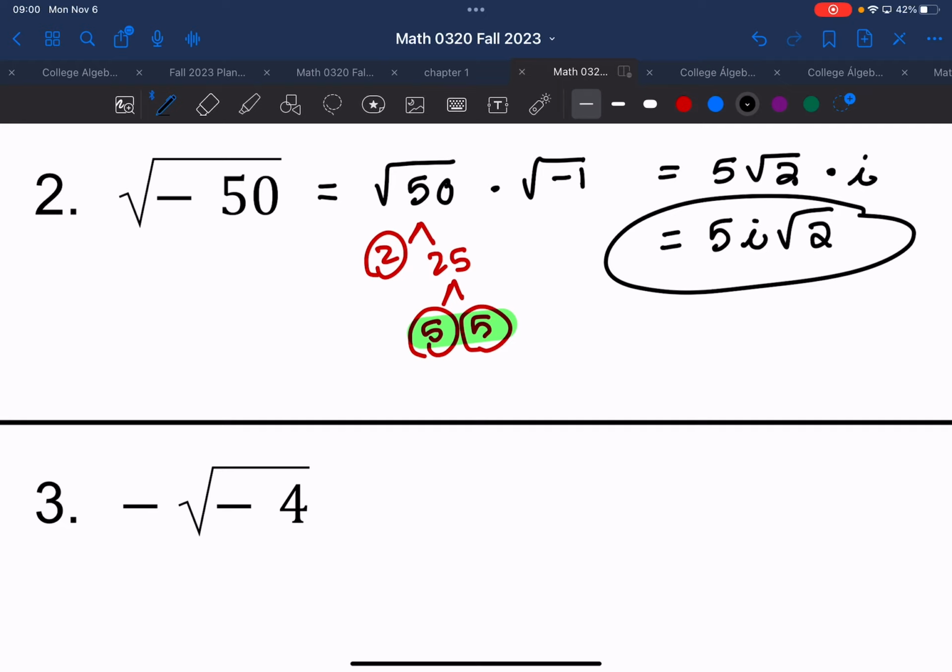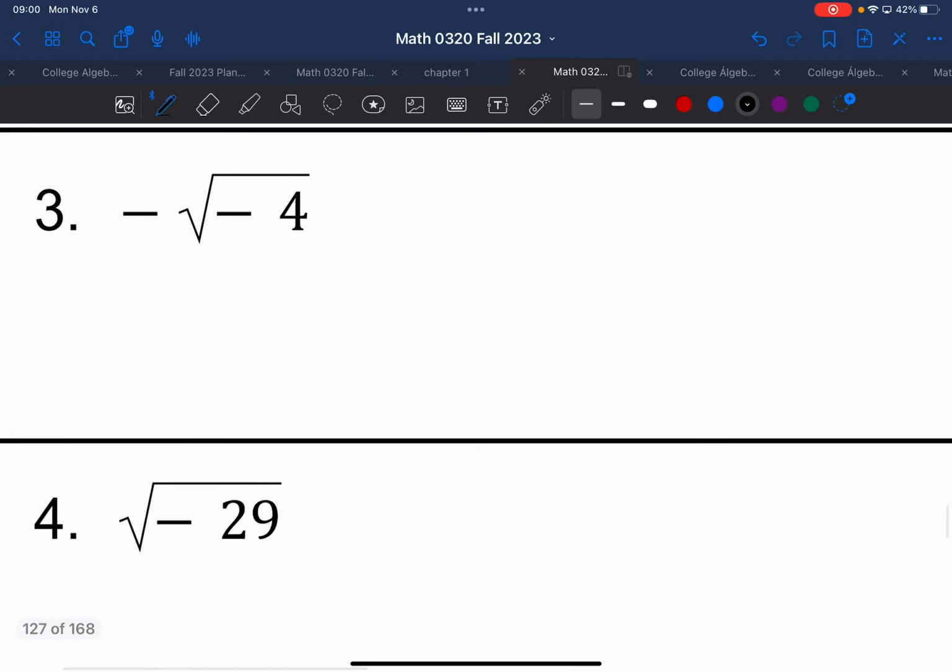Now looking at number 3, we have an additional negative on the outside, so we just have to keep that in mind. So we could write the square root of -4 as the square root of 4, and I'm going to include that negative in the front because of this negative on the outside, times the square root of -1.